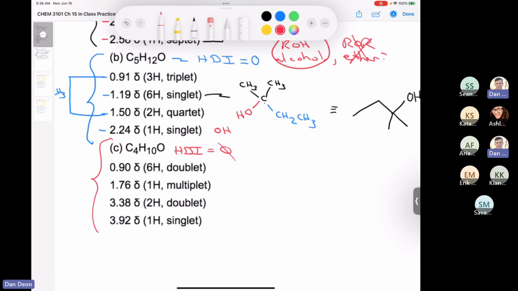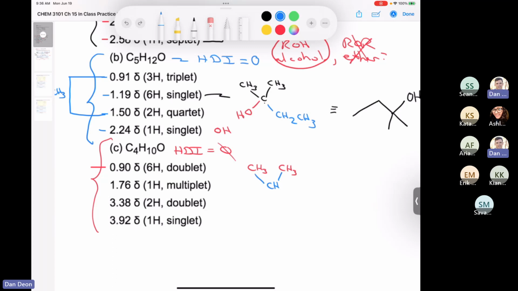Well, if you've got 6 hydrogens that integrate for a doublet, that means that you've got 6 hydrogens that are attached to a methine. That's the only possibility, right? So those would have to be those ones here. Then if you've got 1 hydrogen that's a multiplet, we'll come back to that.